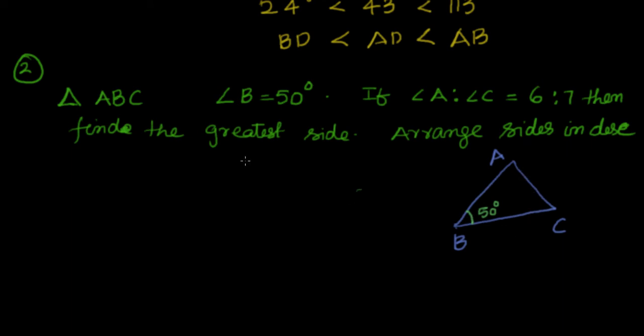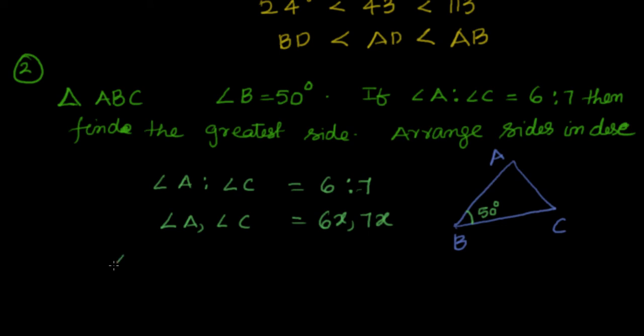I know about angle B, I don't know angle A and angle C. But I have been given that angle A to angle C is 6:7. So can I say them as 6x, 7x? Angle A, angle C are 6x, 7x. Then according to the angle sum property, angle A plus angle C plus angle B is equal to 180.